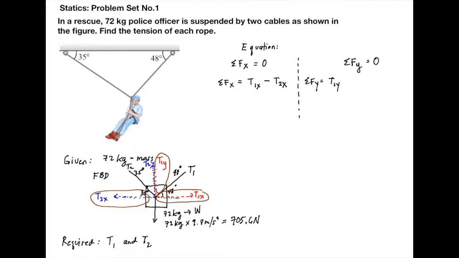And another one, we have the T2y, so we have plus T2y. And the other one, which is the weight, and it is downward, minus the weight. So this now is our equation. Let's go now to our solution.